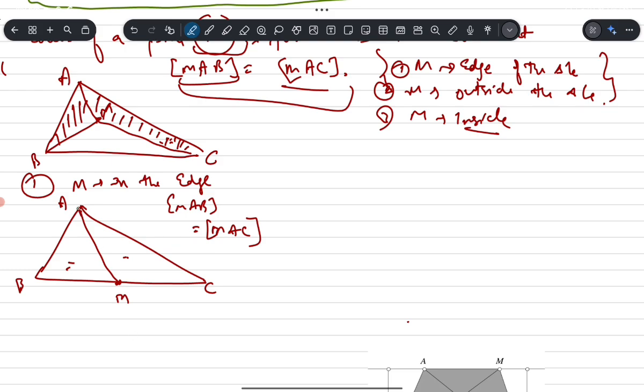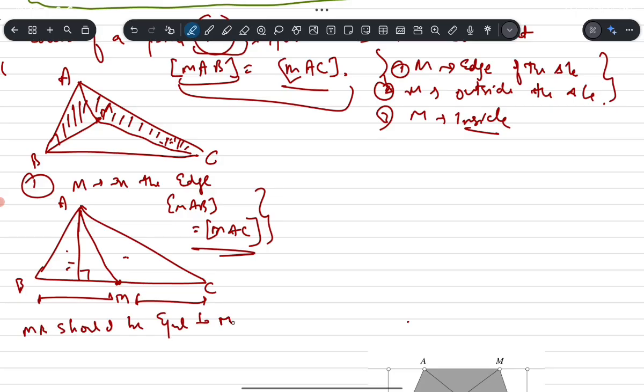Now, you may notice that they share the same height. So they'll have the same area. For them to have the same area, their bases need to be equal. So MB should be equal to MC, right? What does that mean? That means M is the mid of BC. That means AM is the median of the triangle.